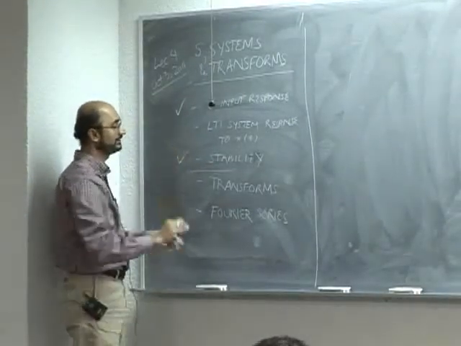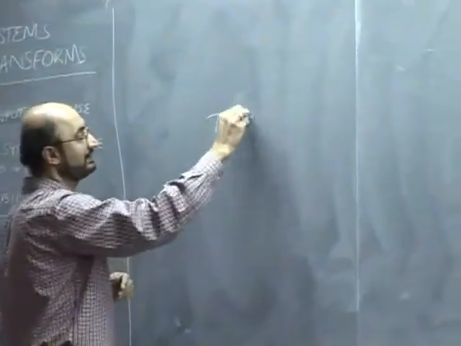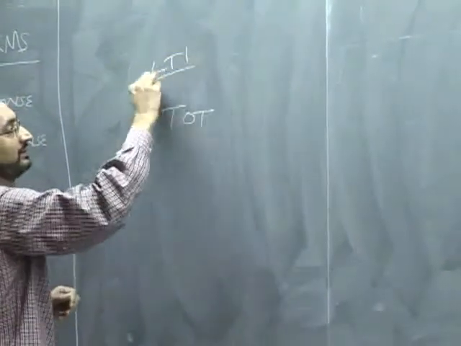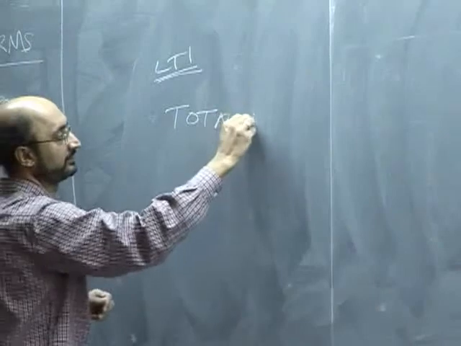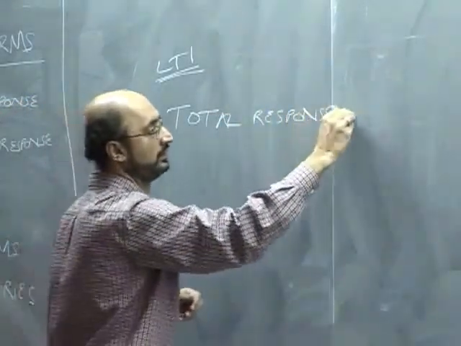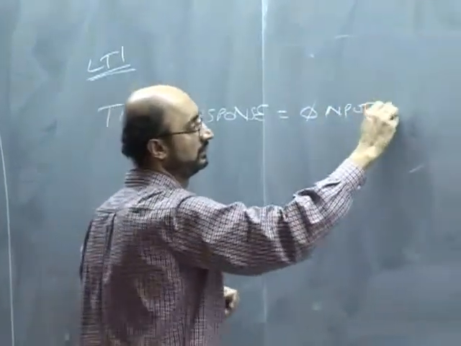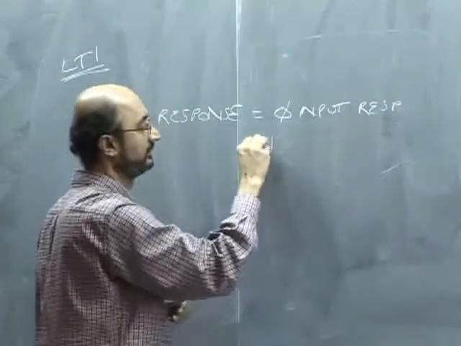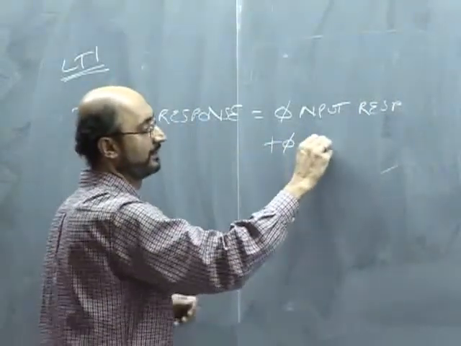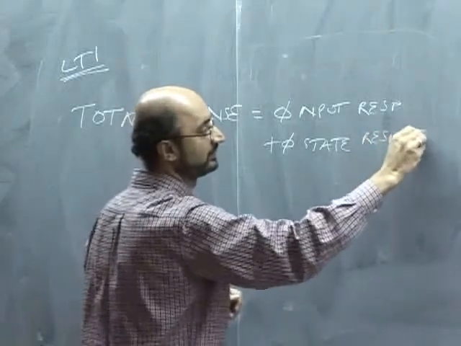Okay, so stability. Let's look at the response. The equation that we have for an LTI system, not for any other system, is what's called total response equals zero input response plus zero state response. And that's not in the text.